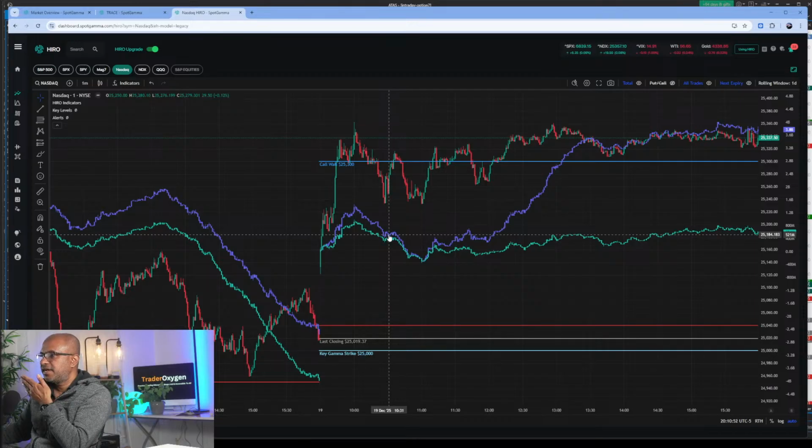If you look at the right-hand side scale, it's 521 million positive.